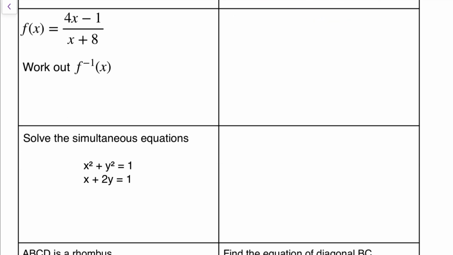Next question. F of x equals this thing here, work out the inverse. Now, because there are two x's, I need to use the y version of this solution. So in other words, I'm going to say that y is equal to my function. Then I'm going to multiply by the denominator, which gives me yx plus 8y equals 4x minus 1. I'm going to move all my x's, the thing I want, to the left.